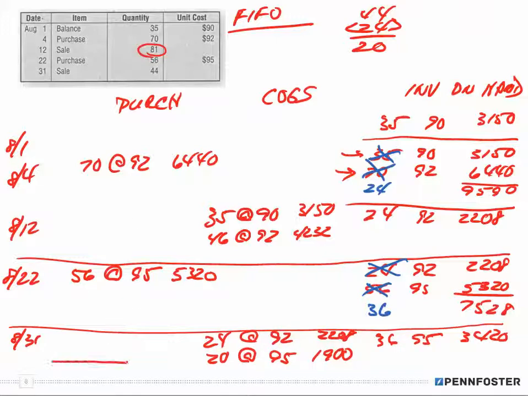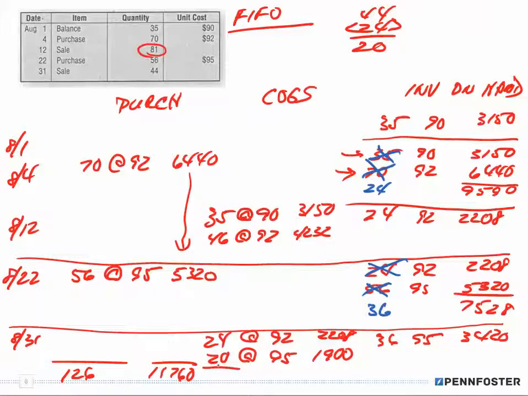For my total purchases, I ended up with 126 units, and the total value of those purchases is this 6,440 plus the 5,320, which gives me 11,760.